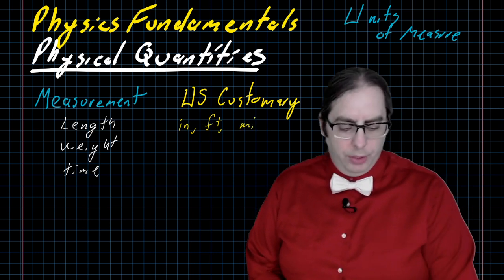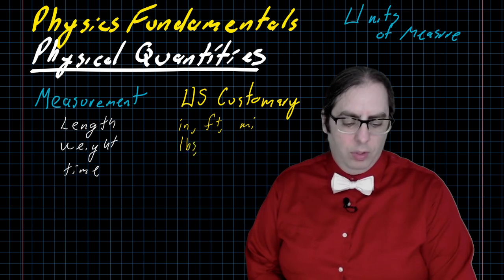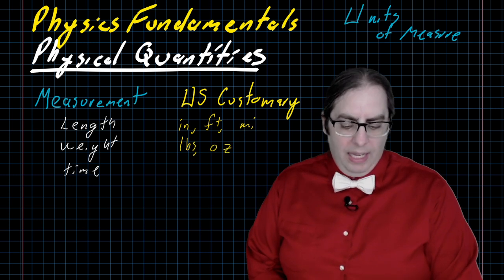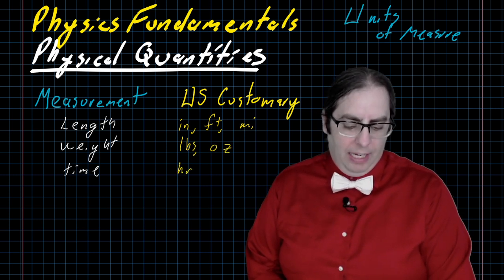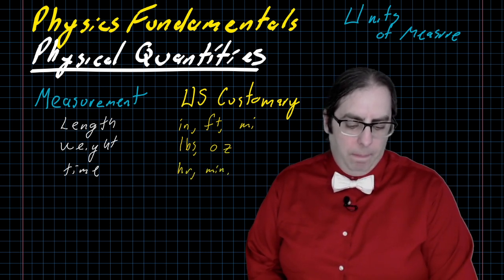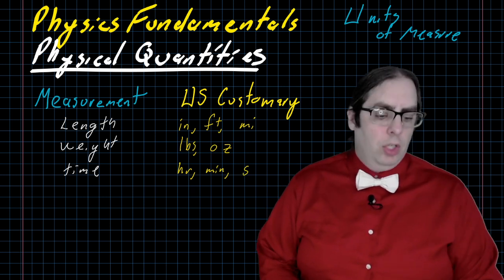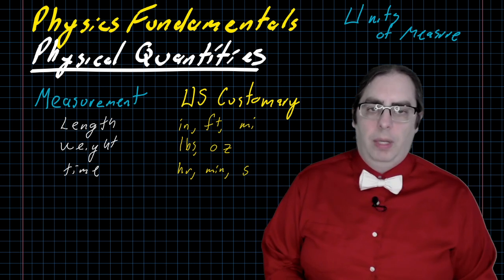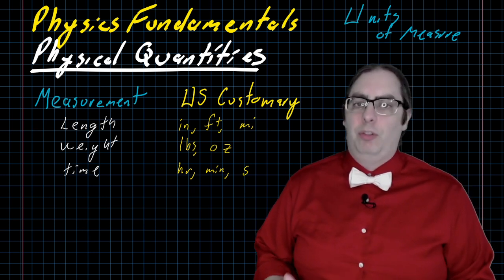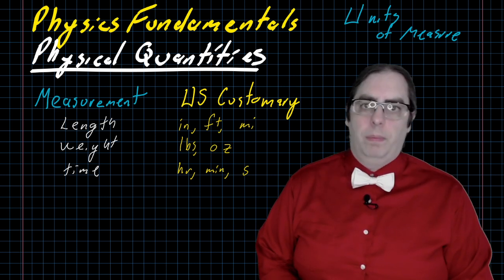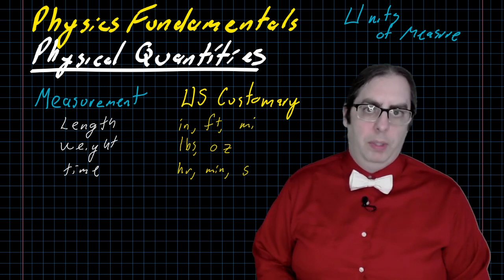Weights are measured in things like pounds and ounces. And time is measured in hours, minutes, and seconds. That's certainly not the only system of measure that exists, and it's probably not even the most useful to us, but it's a good place to start because it's the one I assume you are most familiar with.